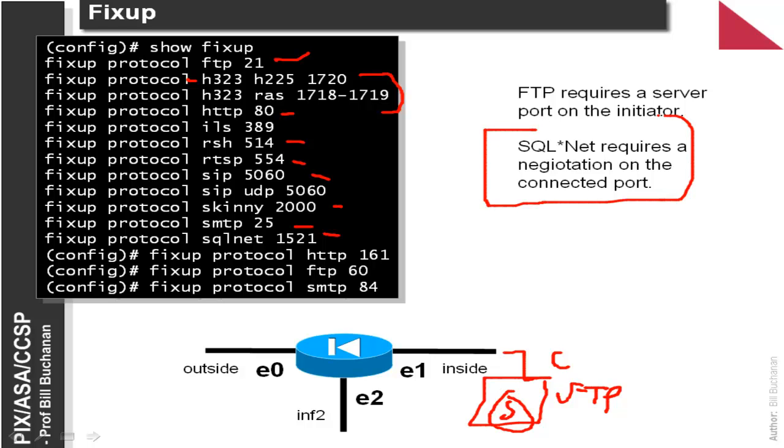SQLNet typically requires a negotiation for the port. These are typically defined by default, but if we have to redefine the port in which they operate, then we can redefine the Fixup to be HTTP port 161, FTP port 60, and SMTP port 84.